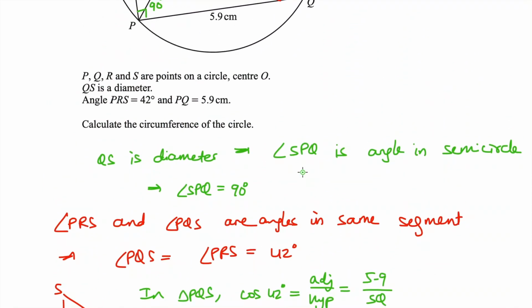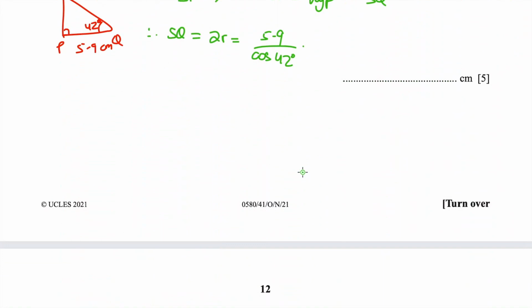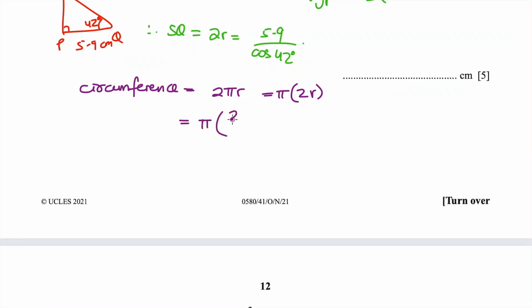Now they are asking me to calculate the circumference. Once we find out the value of the diameter, it is done. So the circumference is given by 2 pi r, that is equal to pi into 2r, and this value is pi into 5.9 divided by cos 42 degrees. I can calculate the final value here.